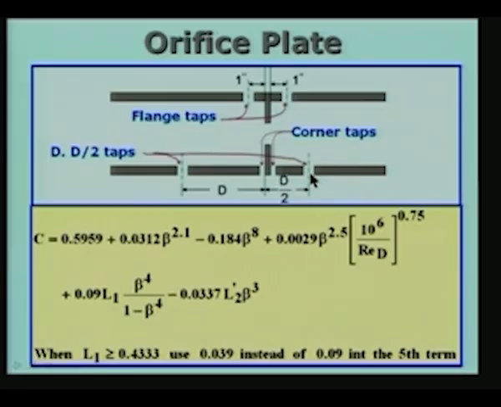So, the choice of whether you are going to use a manometer or a differential pressure transducer depends on the maximum pressure difference you are going to encounter in a particular application. Of course, it depends on the velocity, the fluid and so on.